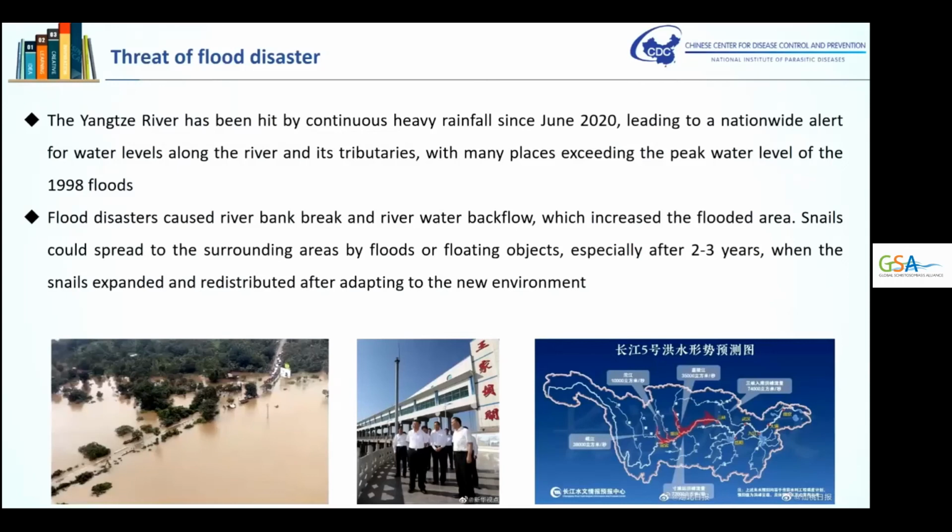The flood disaster caused riverbank breaks and river water backflow, which increased the flooded area. Snails could spread to the surrounding areas by floods or floating objects, especially after 2 to 3 years, when the snails expanded and redistributed after adapting to the new environment.